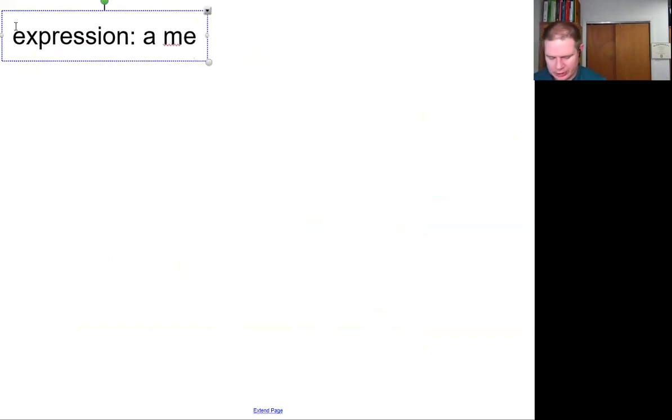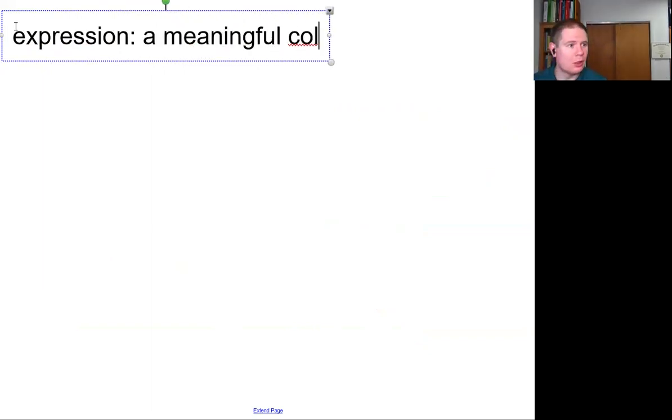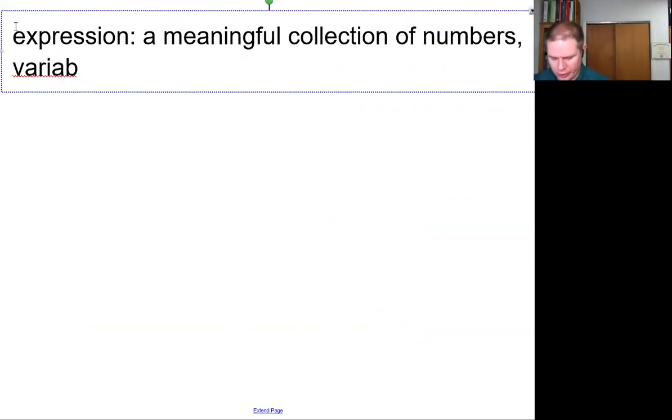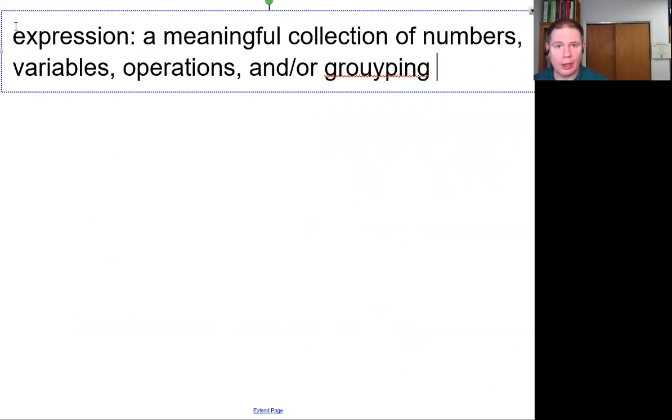An expression is a meaningful collection of numbers, variables, operations, and/or grouping symbols, no Y in grouping.